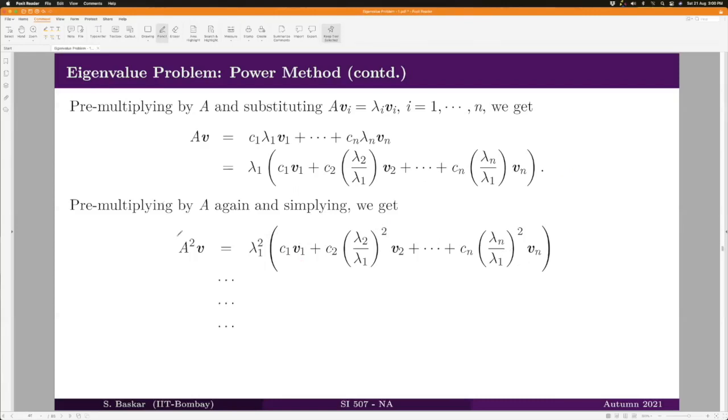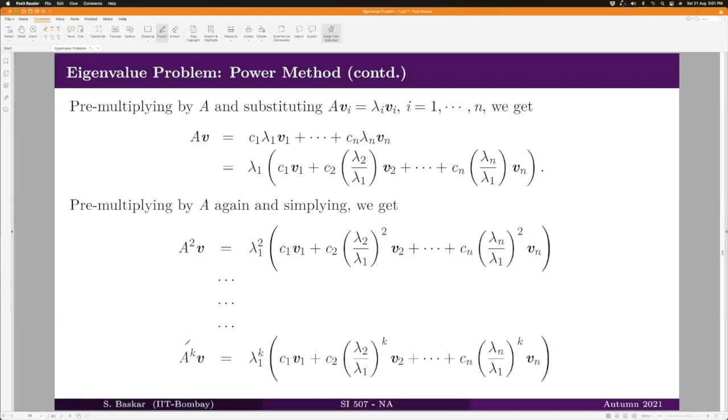Again, you pre-multiply by A, therefore you have A cubed here. You will have one more lambda 1 v1 coming when you multiply by A, and similarly for the other terms, you have lambda 2 v2 and so on. Again, you remove lambda 1 outside and make it a cube, and everything will become a cube here. Like that, you keep on going.